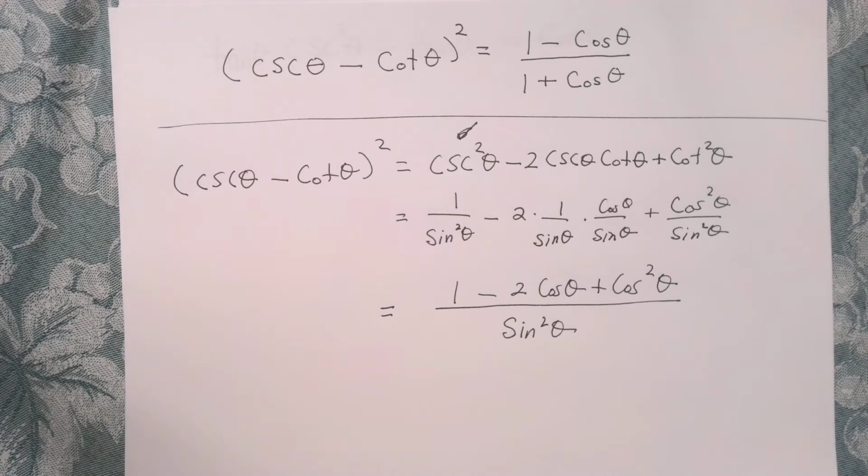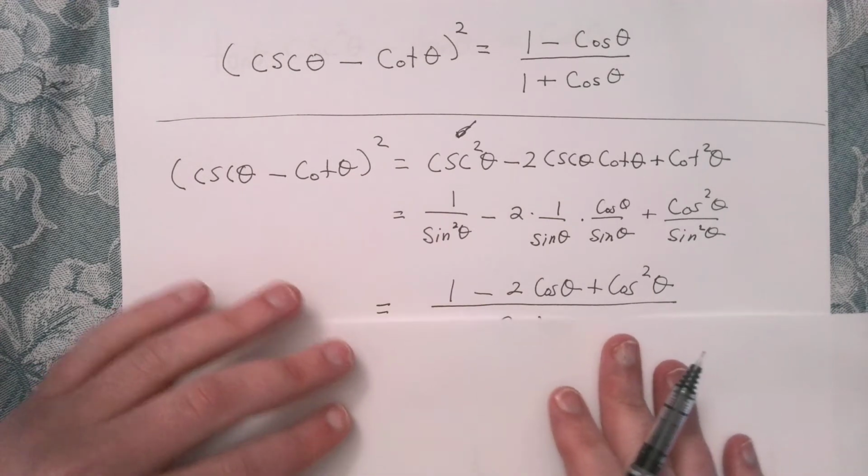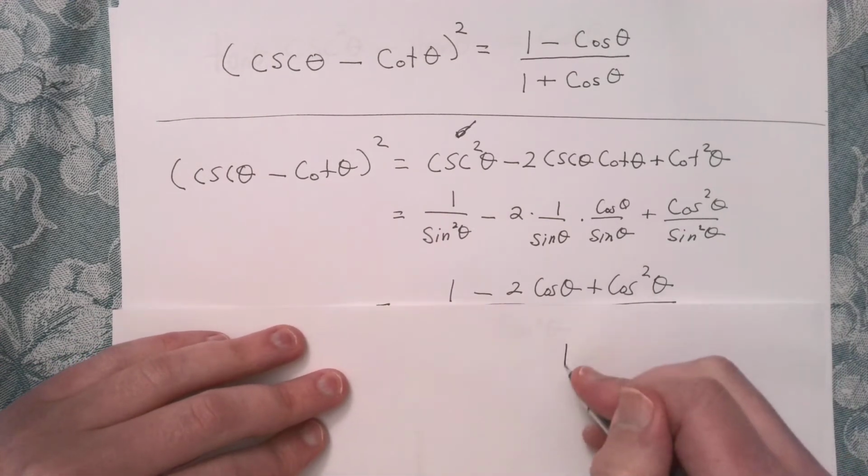Well, the top sort of reminds me of a trinomial, like when you're trying to factor polynomials. So for example, I think we saw this idea earlier, but this does come up quite a bit. So for example, this numerator, this is sort of side work, kind of reminds me of this.